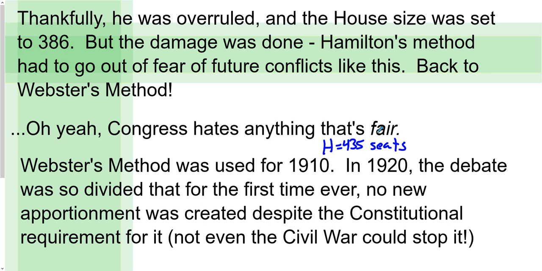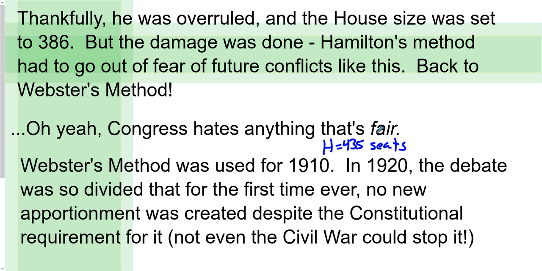It was so divided that for the first time ever, no new apportionment was created, despite the constitutional need for it. That's huge because this had never been done before. Now here's the thing. You don't go against the Constitution ever. There is no getting around the Constitution.